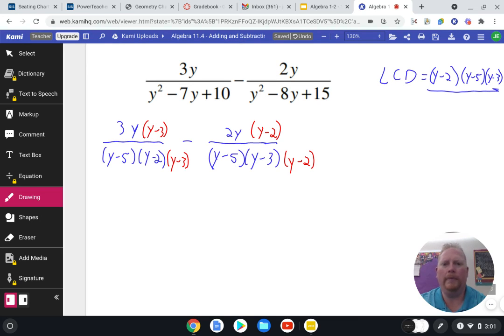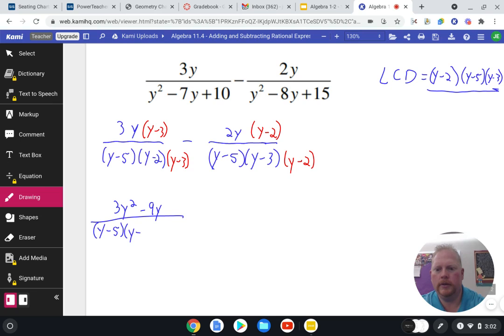They all have y minus 5, y minus 2, y minus 3. So let's go ahead and fix our numerators. So that 3y times y minus 3 is going to make 3y squared minus 9y, over y minus 5, y minus 2, y minus 3.